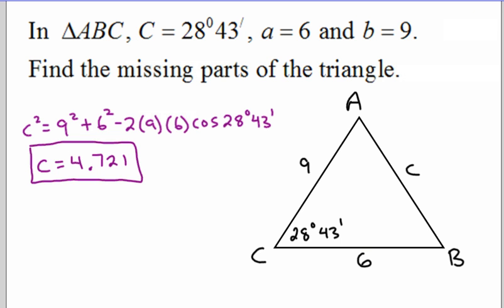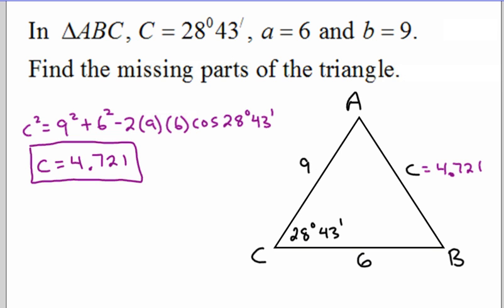I'm going to write it over here: C has to be 4.721. If I look at my sides, C is the smallest, so angle C has to be the smallest angle. 9 is the largest, so angle B has to be the largest angle. So I think maybe I'll find angle B first.